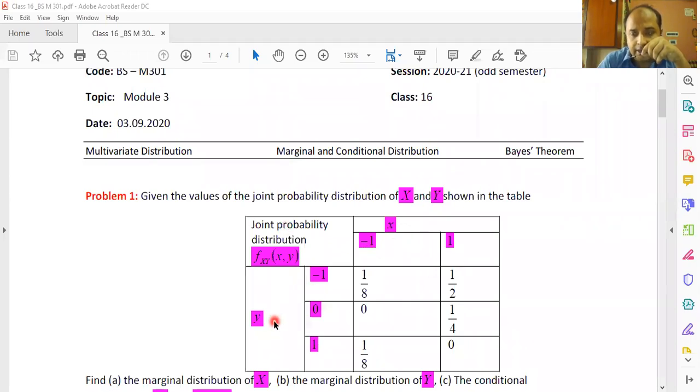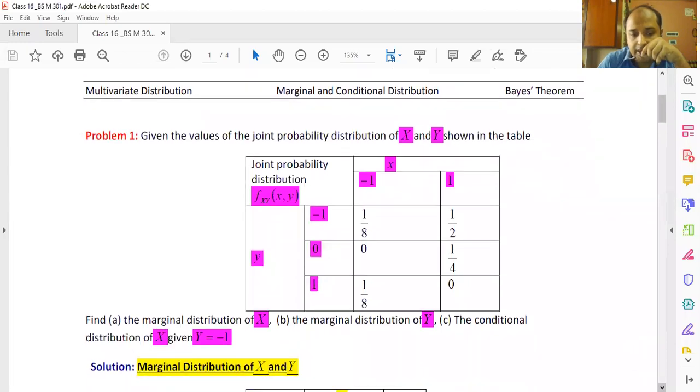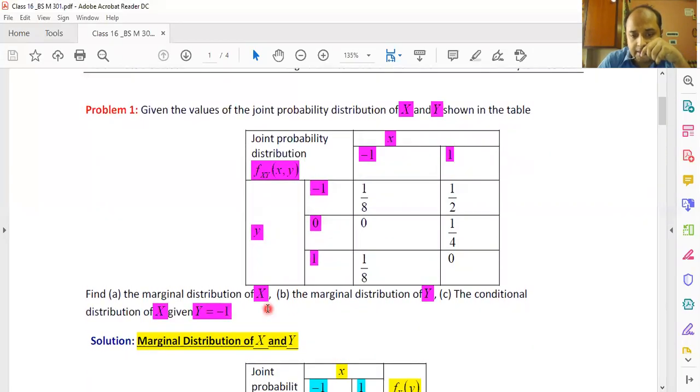The domain of the random variable Y has three values, -1, 0, and 1. I am supposed to find the marginal distribution of X, the marginal distribution of Y, and the conditional distribution of X given that Y is equal to -1. I'm going to show you one by one how to calculate all this.